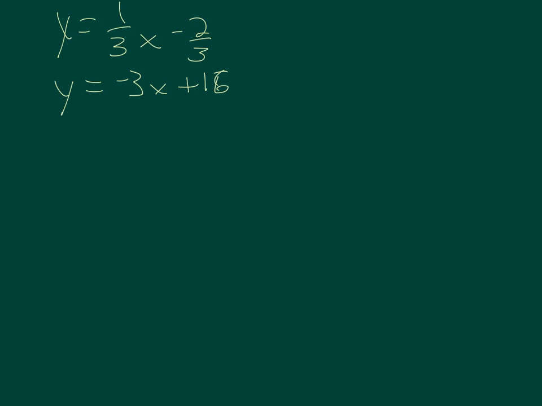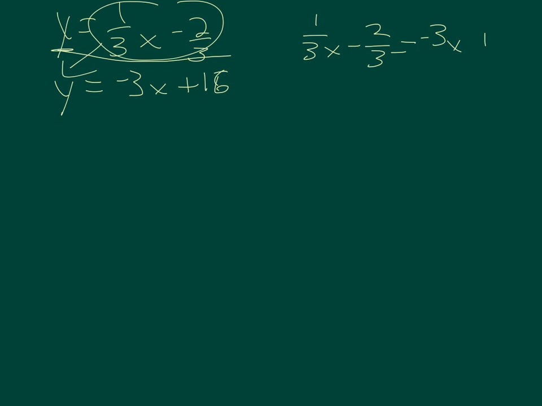But because I know y's name is 1/3 x minus 2/3 in this case, I can take this piece and plug it in to the y position of the second equation, giving me 1/3 x minus 2/3 is equivalent to -3x plus 16. So that is using the substitution method. In 7th grade, we call this me-see fraction, me-no-likey fraction.